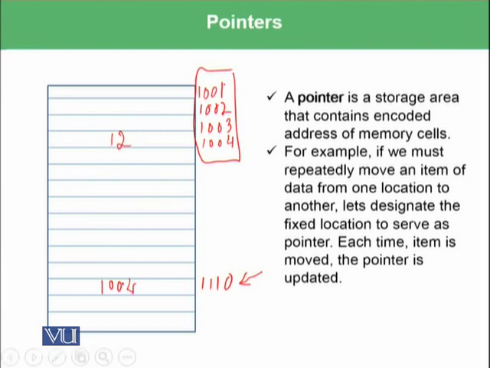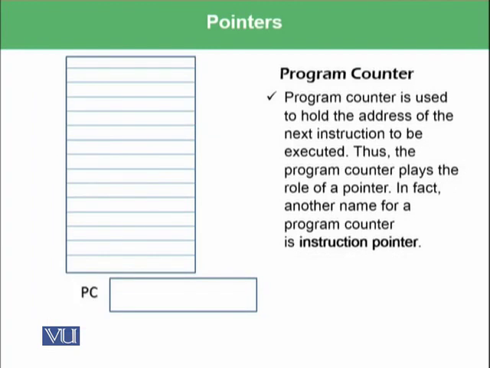Then we want to store it at 1001. We will write 12 here, and this 1001 will come over here. So why we need pointers to store addresses, we will learn with different examples.